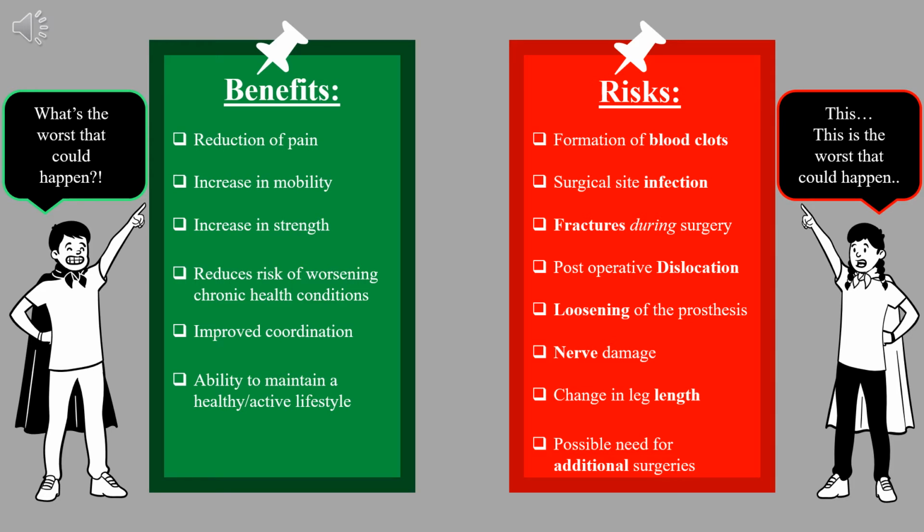It can reduce the risk of worsening chronic health conditions such as that osteoarthritis and rheumatoid arthritis that we discussed in the last slide. It can help improve coordination, which if you have an elderly patient who falls frequently and their coordination and stability is off, a hip replacement may help them stabilize and hopefully prevent from any further falling.